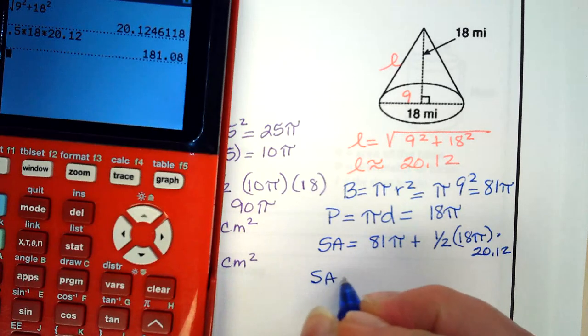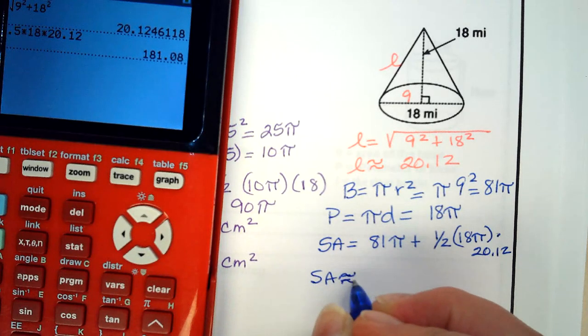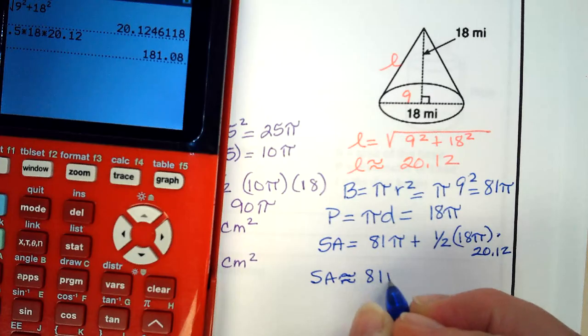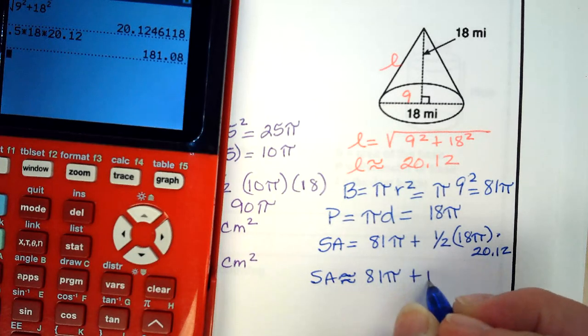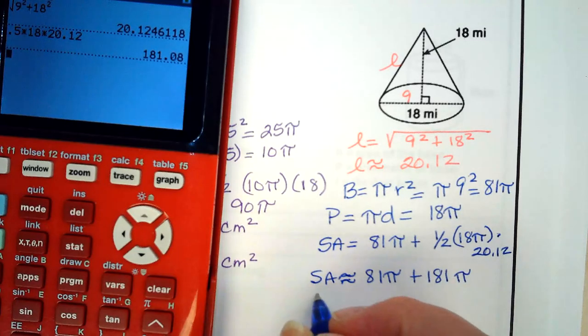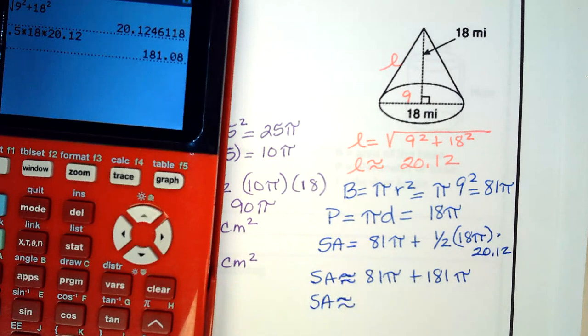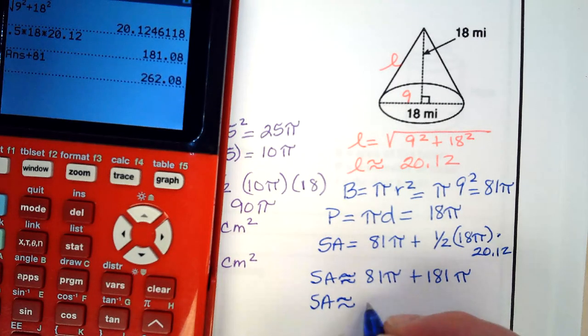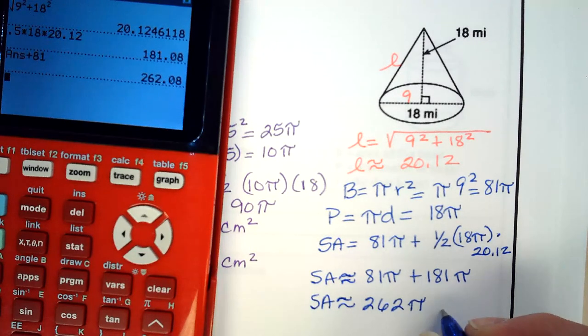So my surface area is about equal to 81 pi plus 181 pi, 81 plus 181, you end up with 262 pi, and that would be miles squared.